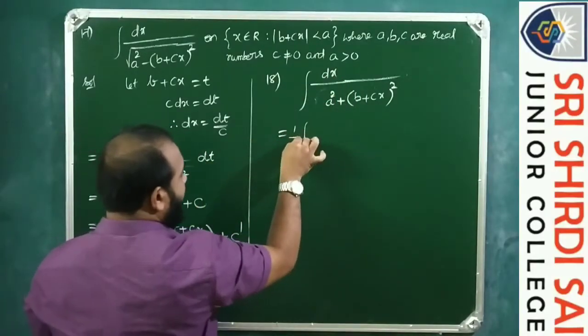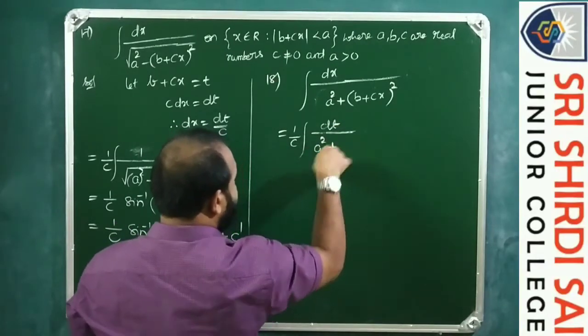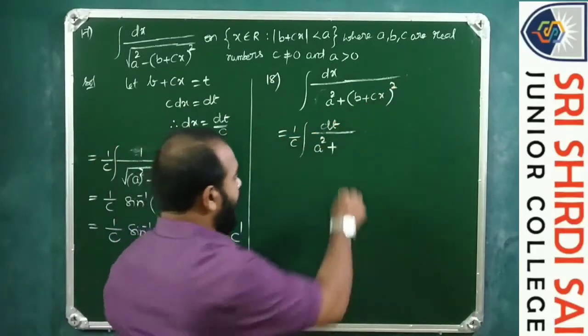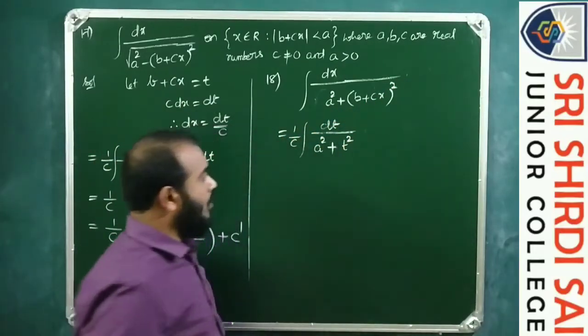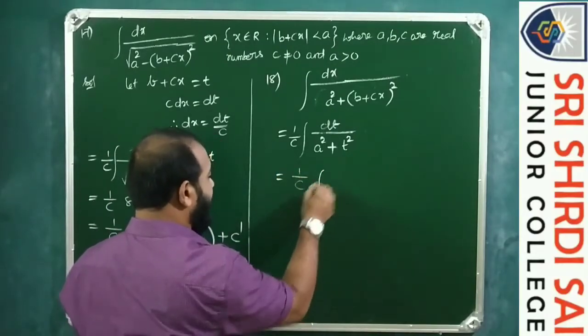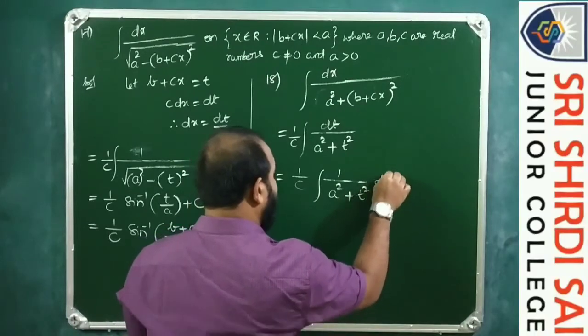So 1 by c into dt by a square plus, b plus cx is t, square. So now it has become integral 1 by c into 1 by a square plus t square dt.